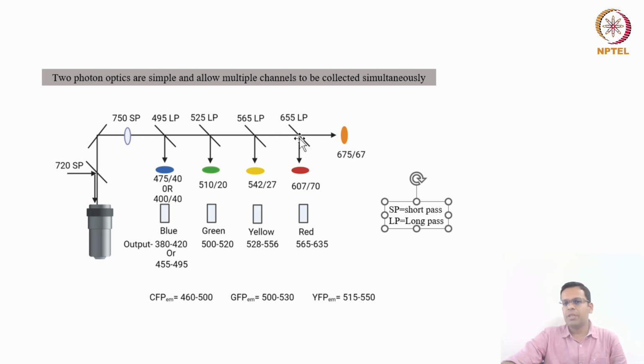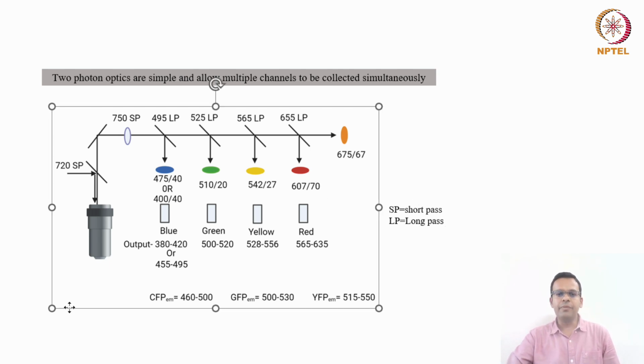And this dichroic mirror will reflect 607 nanometer light and transmit all the higher wavelength light. And this is the last detector which can collect all the light at 675 nanometer. So this is how the four or five different colored fluorescence can be collected in the emission light path, using different dichroics and different filter sets.